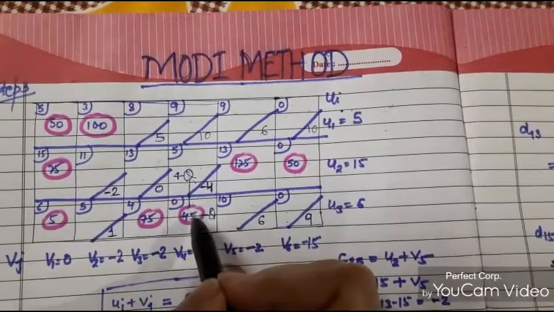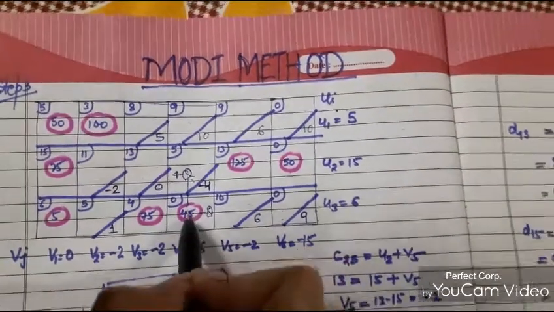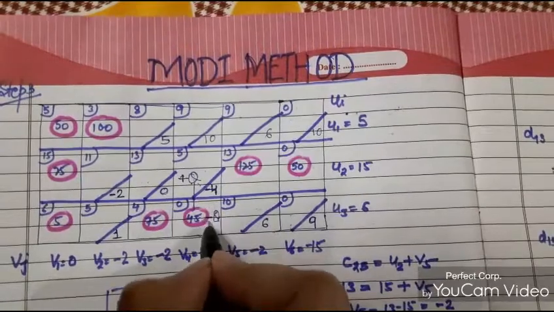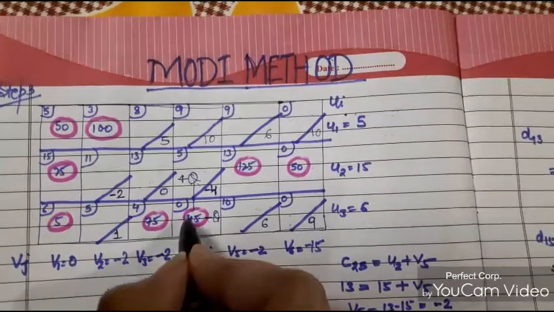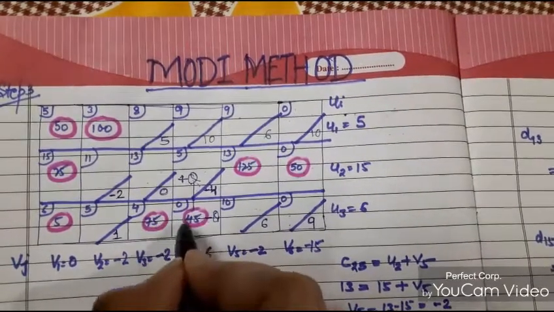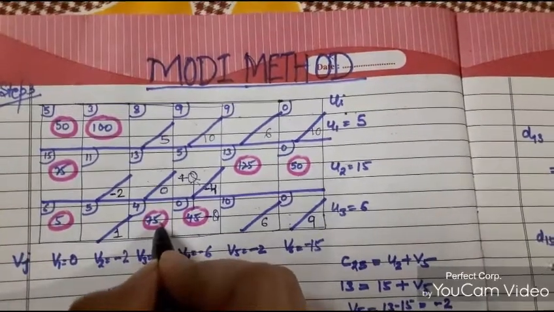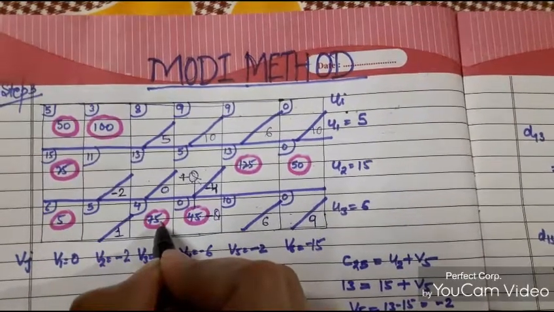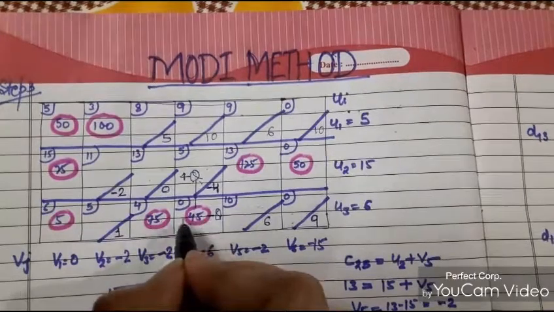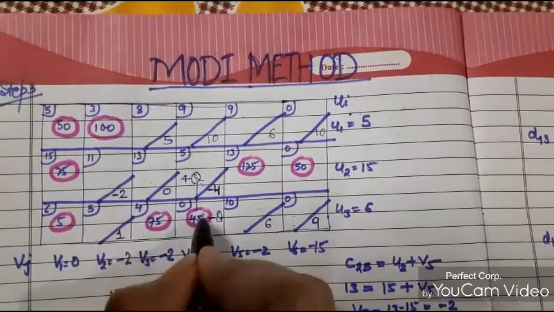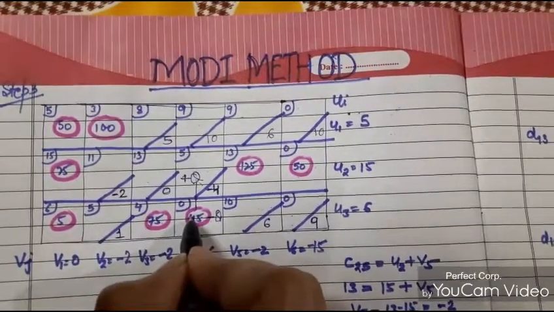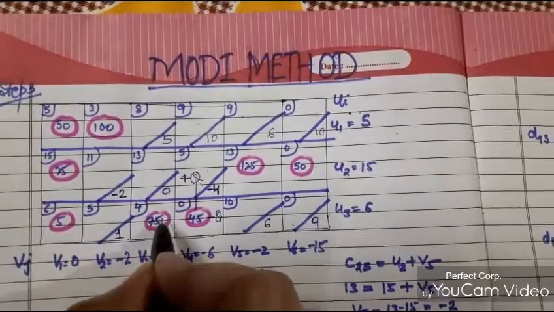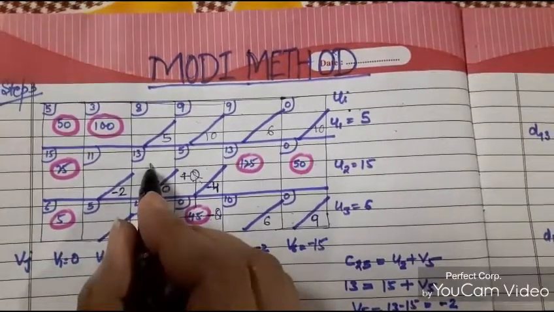We have a nearby allocation here, and we put minus theta to this cell, and after that we have to join this allocation. But when we have a number of allocations in the same path, we just need to choose the allocation from where we can connect to another allocation.